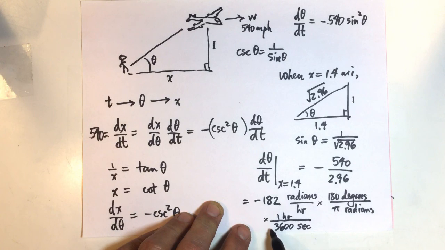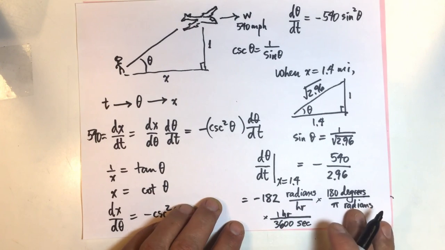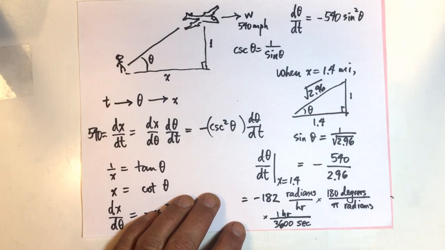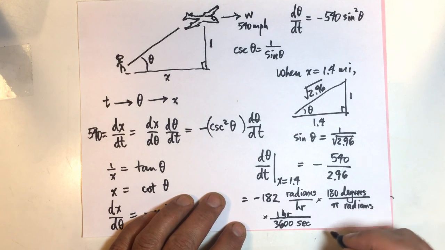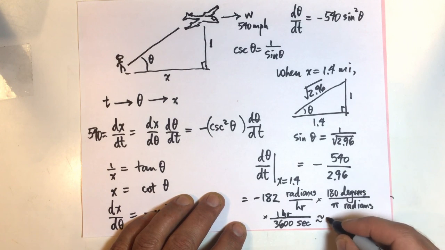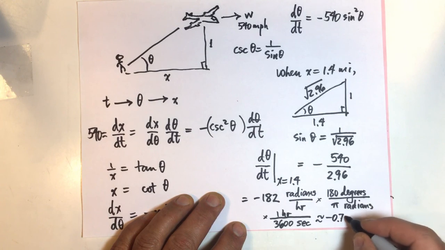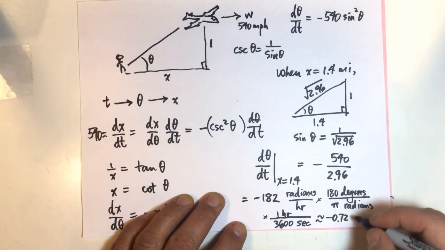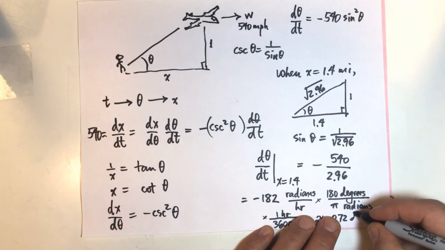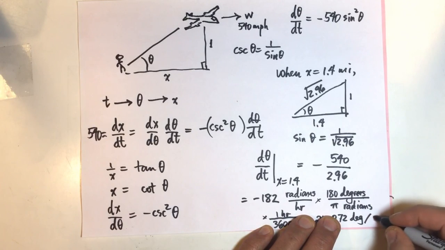But when I multiply by 1, I write that fraction this way, because I put the hours on top because I want it to cancel with this. And seconds will be in the denominator. So when I work this out, it's about minus 0.72 or 73, I can't remember, degrees per second.